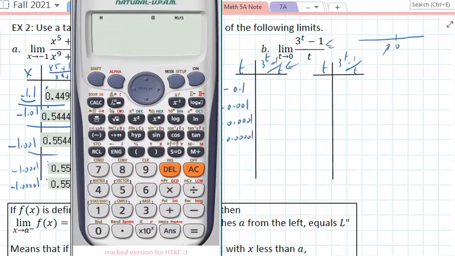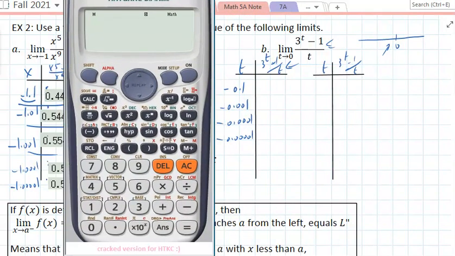So here, first I want to plug in a negative 0.1. And I'm going to go ahead and say, let's take 3 raised to the answer minus 1 divided by my answer.